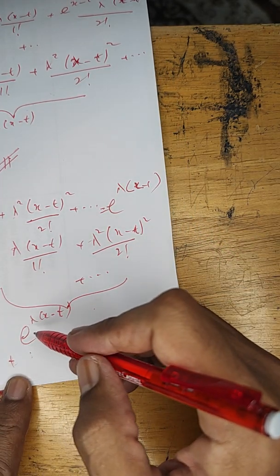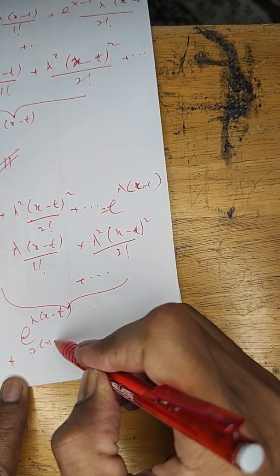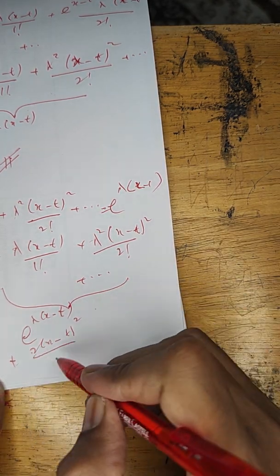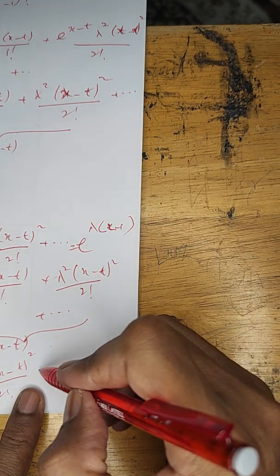Okay, plus lambda squared (x minus t) squared over 2 factorial and so on.